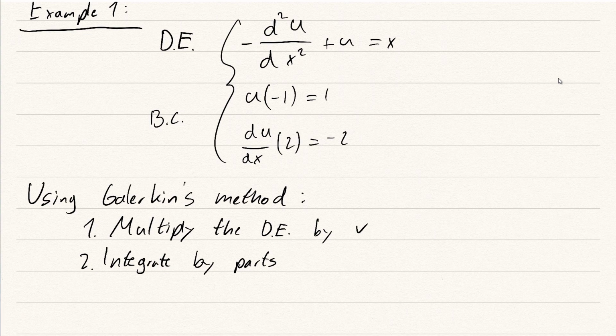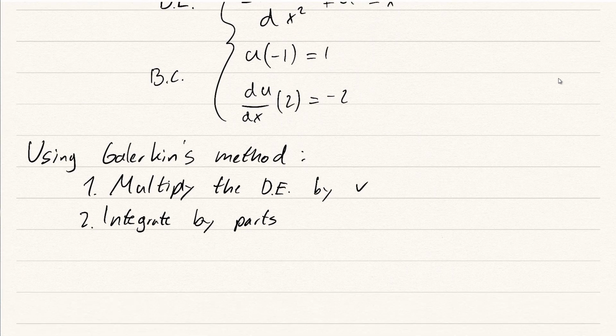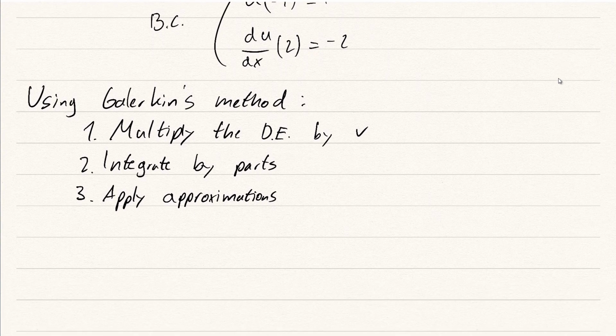Basically it's that. We multiply to get the weak form. So then we will have the weak form, and then three, we can apply approximations. And once we have applied the approximation, we put everything together and solve the equation system.